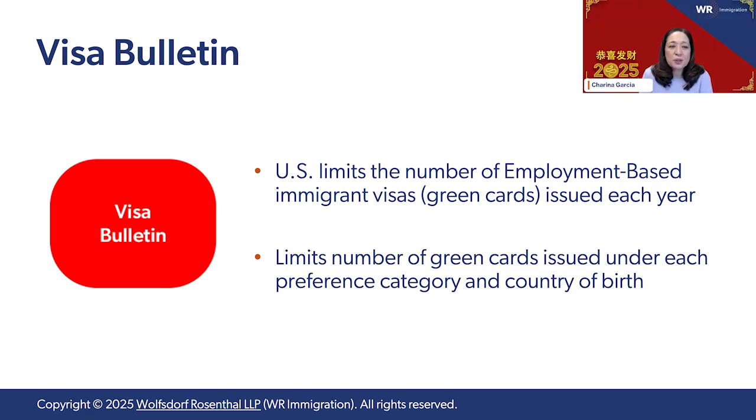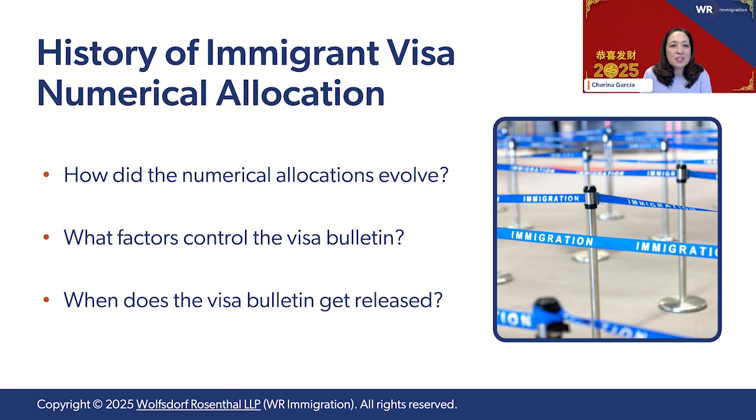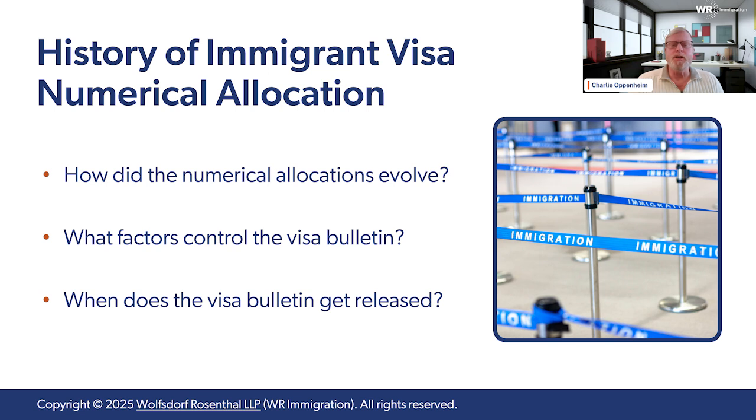Okay. And if we go to the next slide, can you give us the history of how they've actually allocated the numbers? Sure. The Immigration Act of 1990 revamped the visa categories for both family applicants and employment.